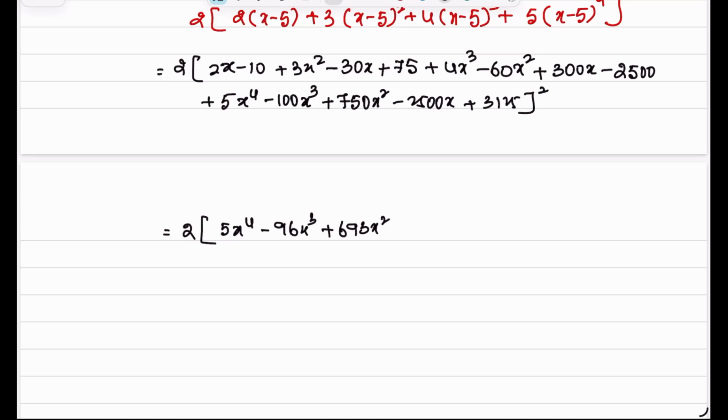Minus 2500x plus 300 is minus 2200, minus 2230, minus 2228x, minus 10 plus 65 plus 3125 is 3190. Just see how much it is.